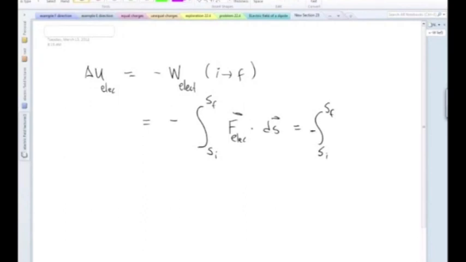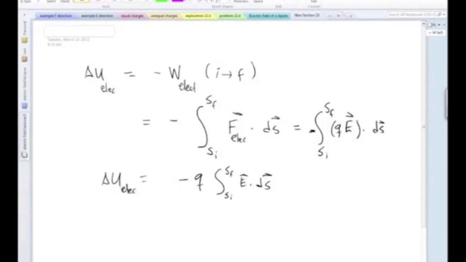And the electric force is the charge Q times the electric field, dotted with ds. So what do we have here? The Q, we can pull it out, and this is the integral of the electric field dot ds. This is the change in the electric potential energy of that charge.